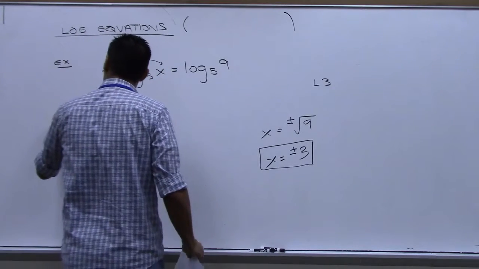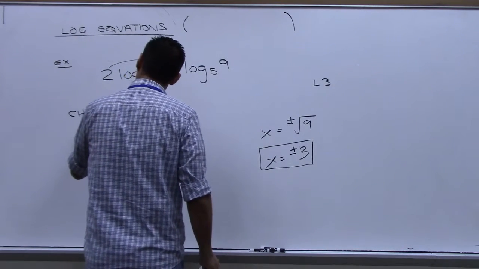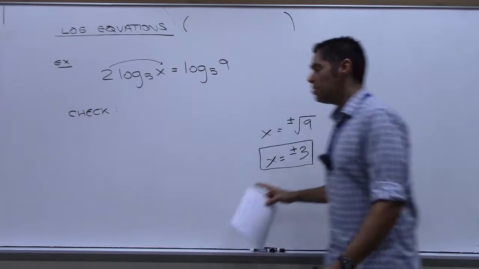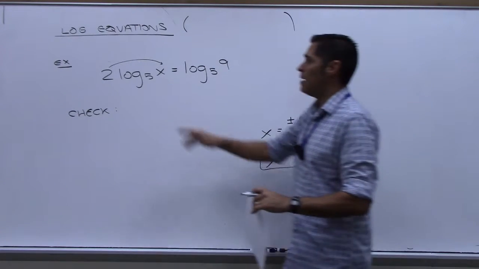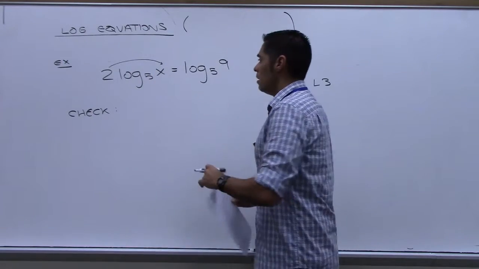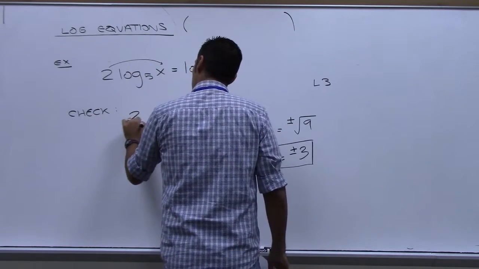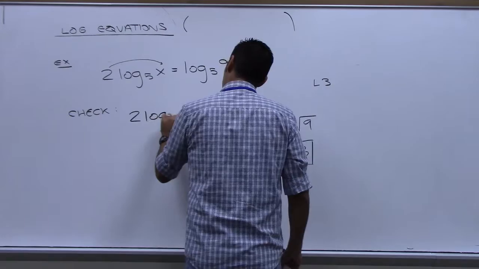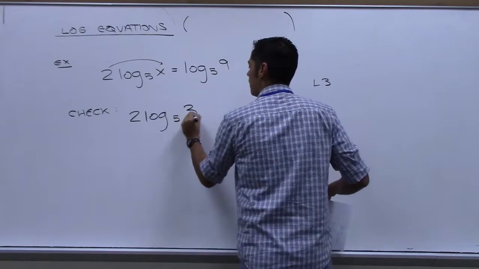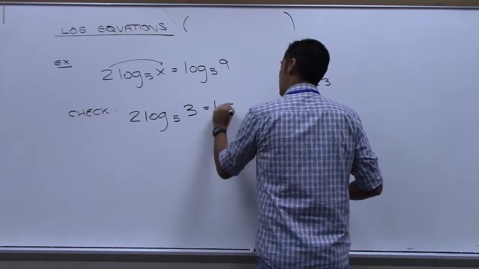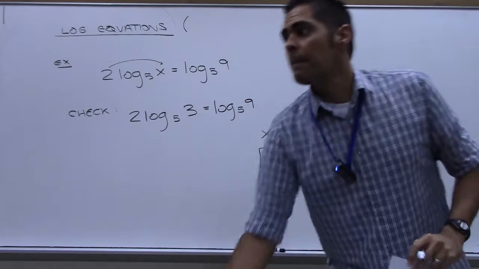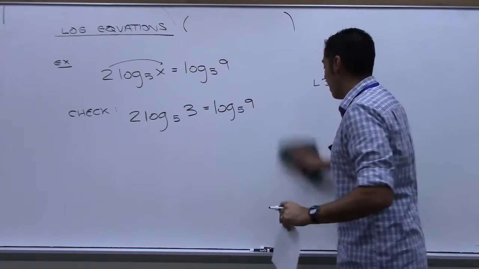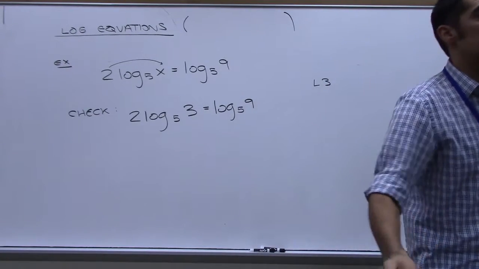To check, I plug my answers into the original equation, before we pop that 2 up here. So 2 log base 5 of 3, let's do the 3 first, equals log base 5 of 9. We don't need to get our calculators out; we just need to make sure that everything works.